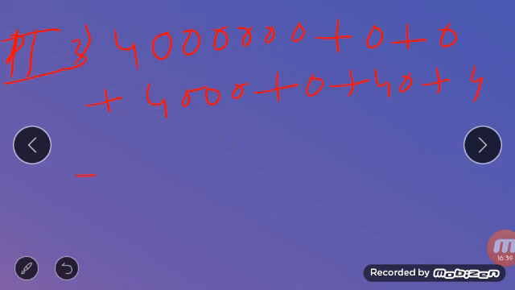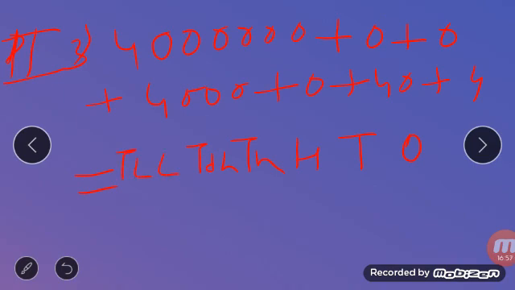What I have told you, children: write equals to, and write the place value first. Ones, tens, hundreds, thousands, there should be a gap. 10,000s, then lakh, because here are 6 zeros, so 10 lakhs.